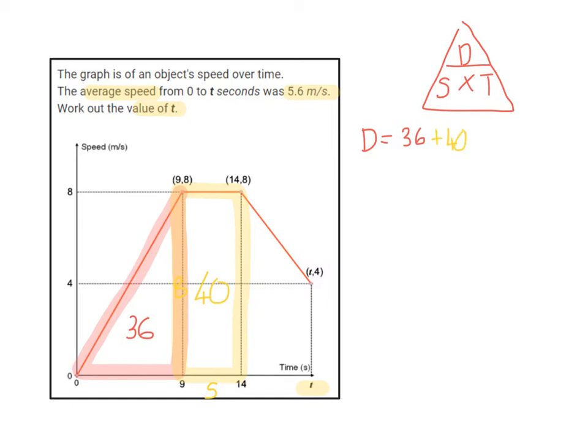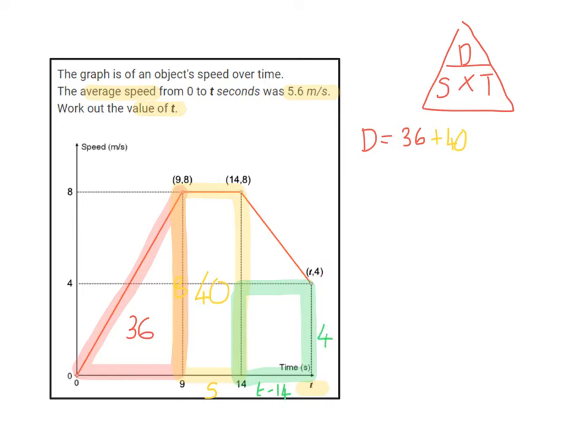Next bit's where it starts to get tricky. So I've got this here. Now the base I need to have a think about a bit more. So it's the difference between t and 14. So I need to do t take away 14. So the base is t take away 14. The height I know is 4.